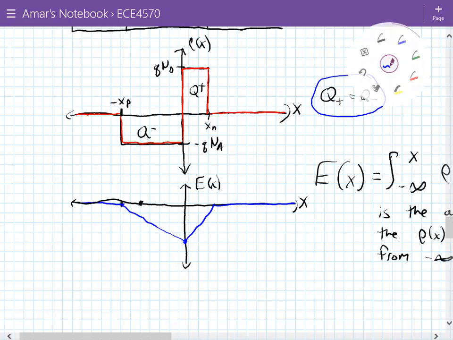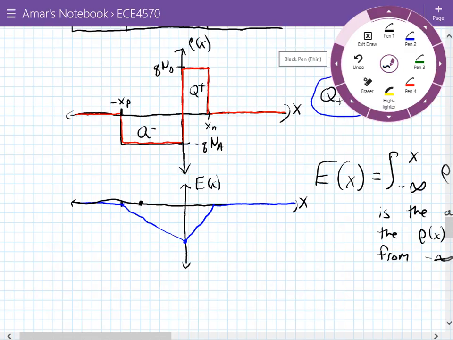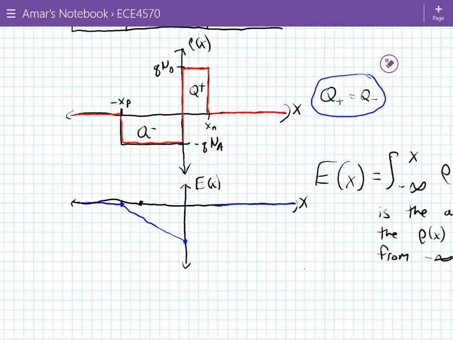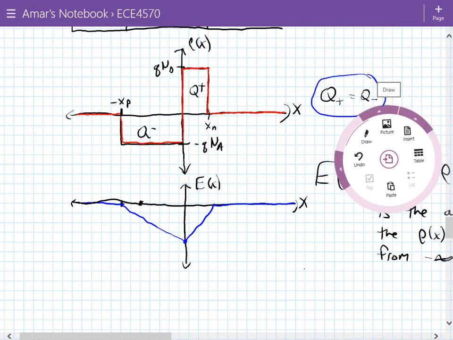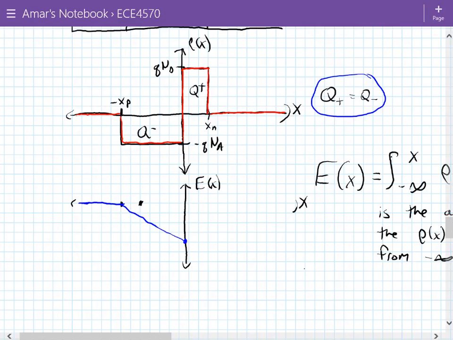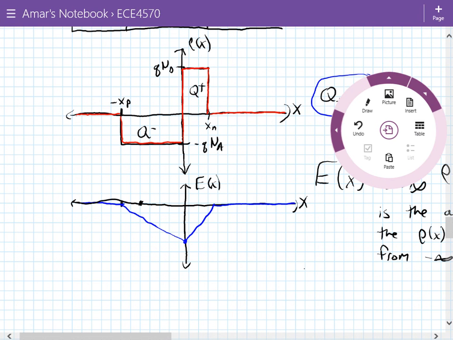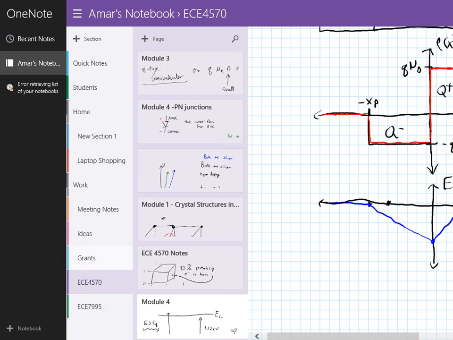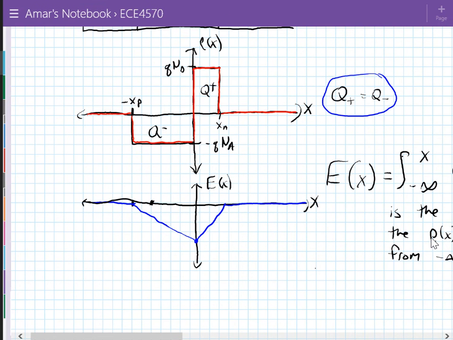I'm still getting used to this. Just bear with me here for a sec. There we go. What is it doing? All right. I'll just switch over between the two. Maybe it'll reset itself.